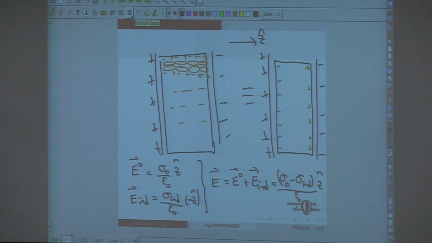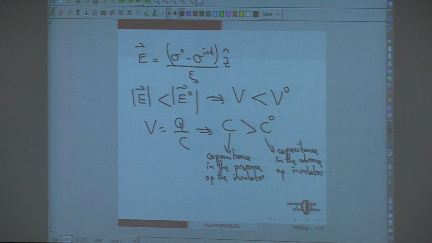In fact, if you build a capacitor here, you will not use the epsilon 0 in vacuum. You will use the epsilon of the air.